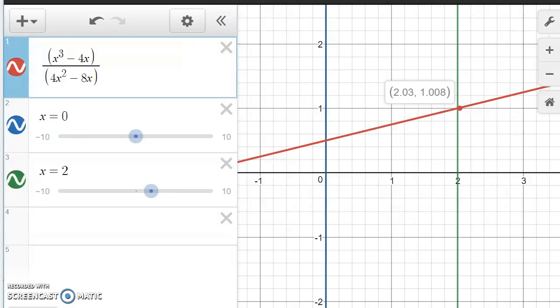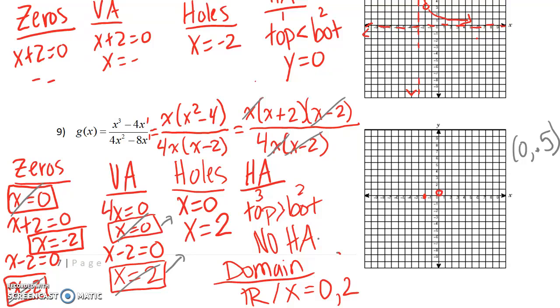Coming in from the left, numbers less than 2, it's approaching a value of 1. Coming in from the right side, getting closer and closer to an x value of 2, it looks like it's approaching 1. So at a coordinate of 2, 1, that is where my other hole will be.